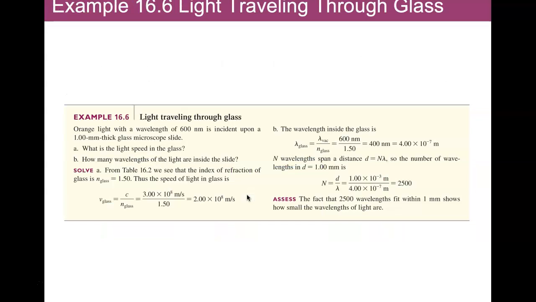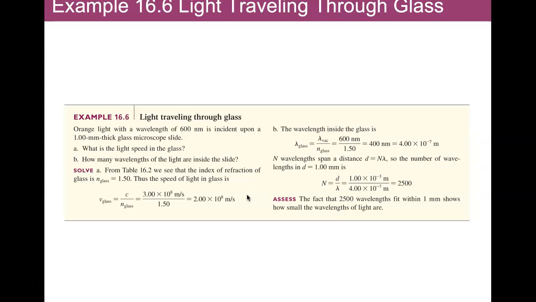Okay. So here's another quick example. Let's go over this together. We have orange light with a wavelength of 600 nanometers incident on a 1 millimeter thick glass microscope slide.